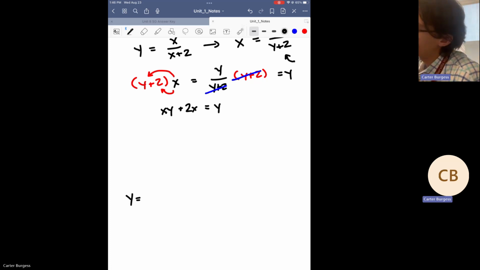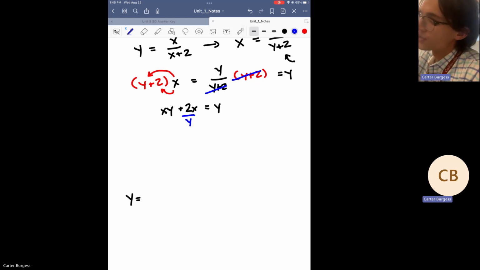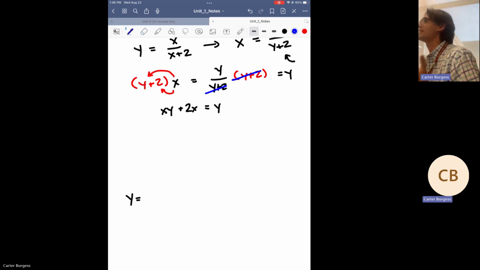The thing that I don't like about dividing through by y is that that's going to leave a y in the denominator of this little 2x piece. And we just worked so hard to get y's out of the denominator, I don't really want to bring them back in. So there's a way without division that I can group all of my y's to one side of my equation. What's the only real thing that I need to move in order to do that?